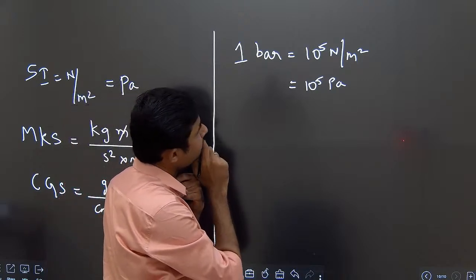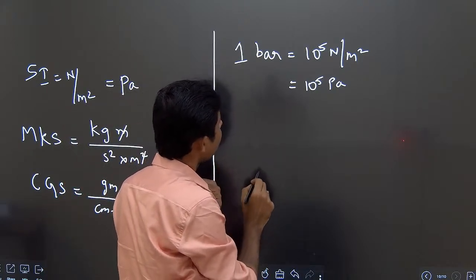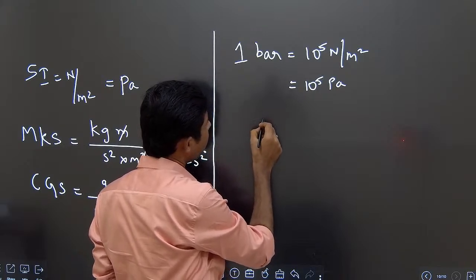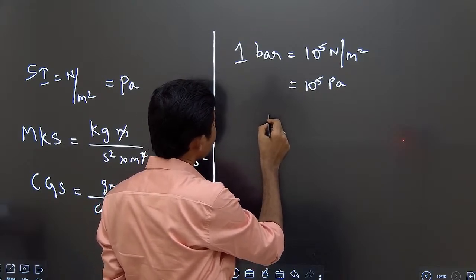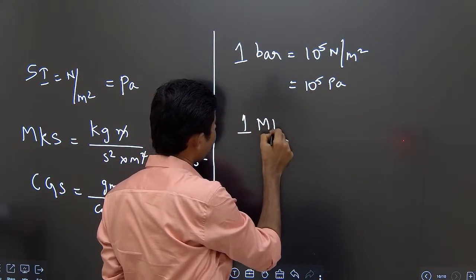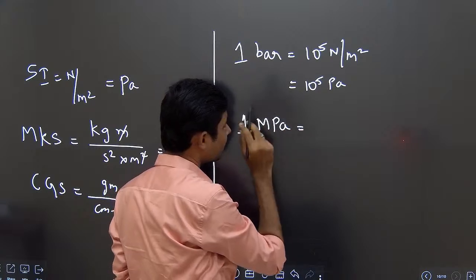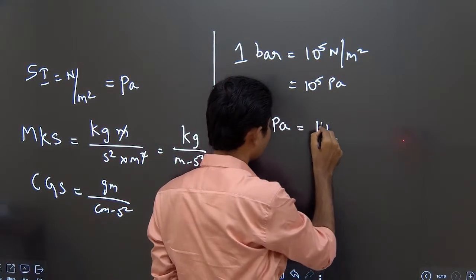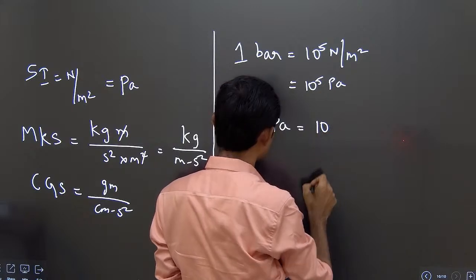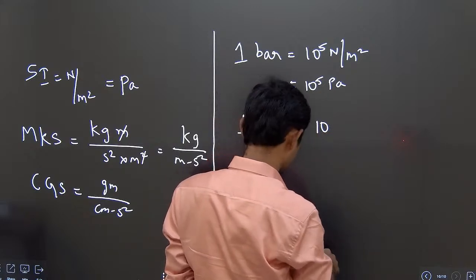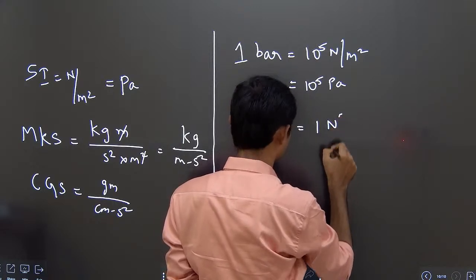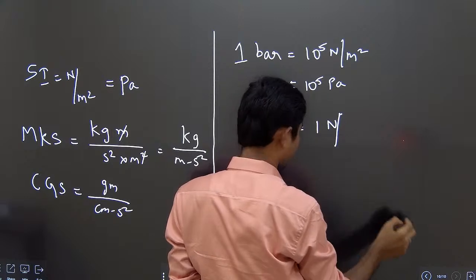And 1 kilopascal, 1 megapascal is equal to 10 to the power of 6 Newton per meter square.